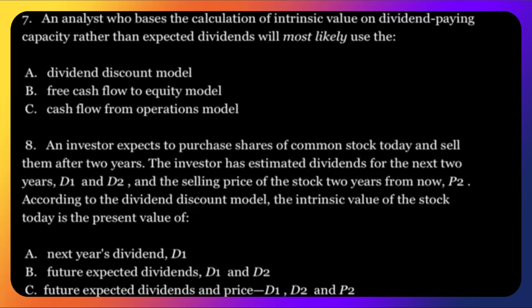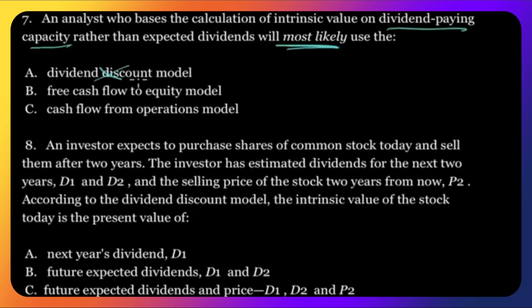7. An analyst who bases the calculation of intrinsic value on dividend-paying capacity rather than expected dividends will most likely use the dividend discount model, free cash flow to equity model, or cash flow from operations model. So we're looking at what is the capacity to pay dividends, not what the dividends will be. So we know we're not using a dividend discount model.